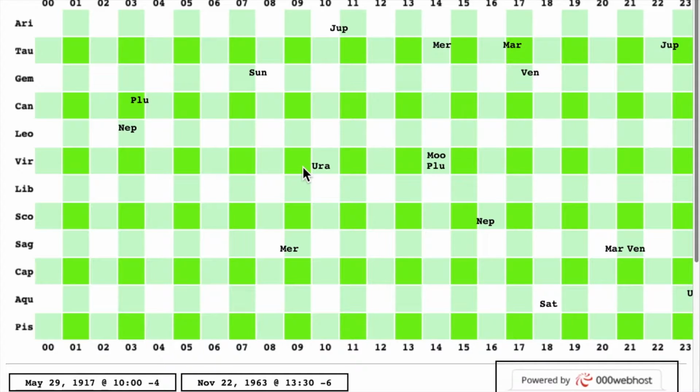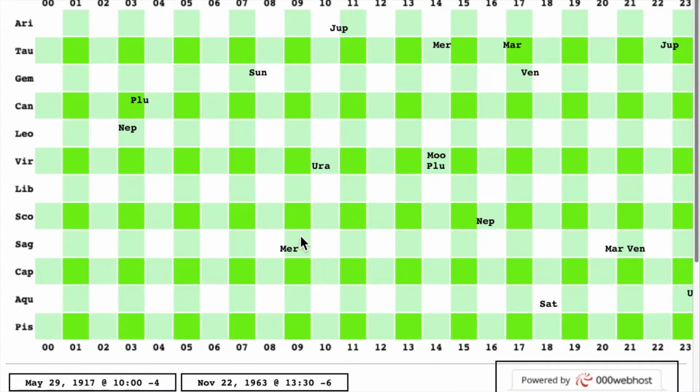Also, we have Mercury in the same proximity horizontally, and it's 1, 2, 3, 4, 5, 6, and that's known as an opposition.